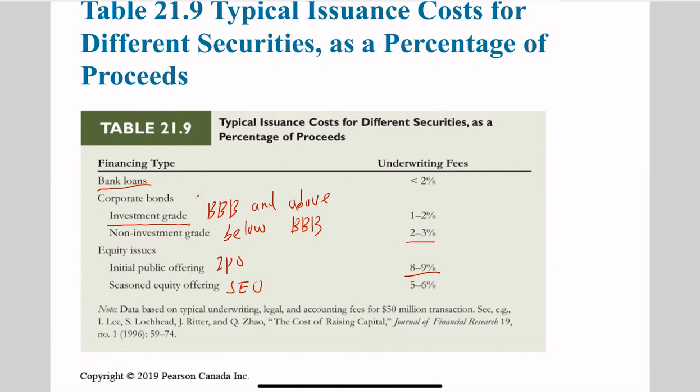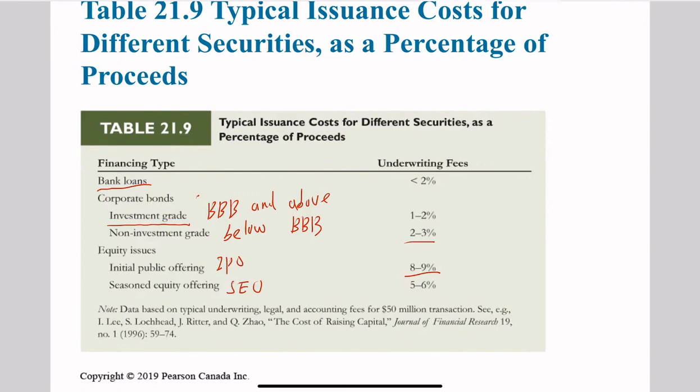And then we also have the SEO, which is the seasoned equity offering. It means the firm is already a public firm, that is, the firm has done its IPO, and now the firm wants to obtain additional financing by issuing additional equity.